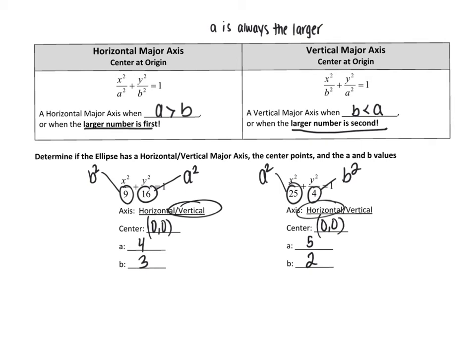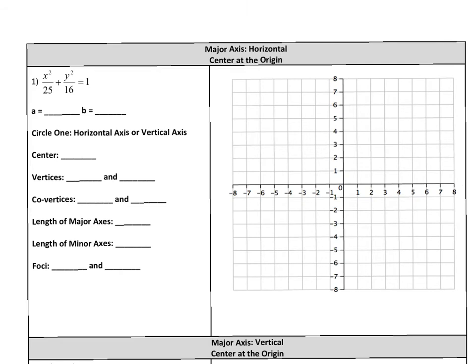All right, now I think we're ready to do a graph. So let's take a look at the first problem. I want to graph this. Well, first we have to decide where the bigger number is. Is the bigger number first or second? Well, the bigger number is first. So we know that it would be x squared over a squared plus y squared over b squared equals 1.